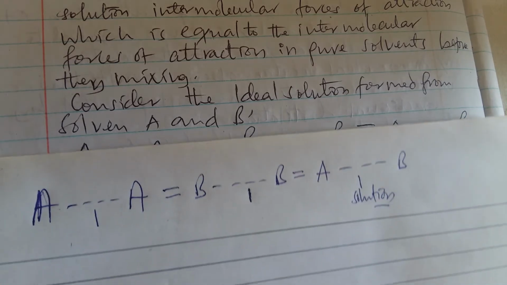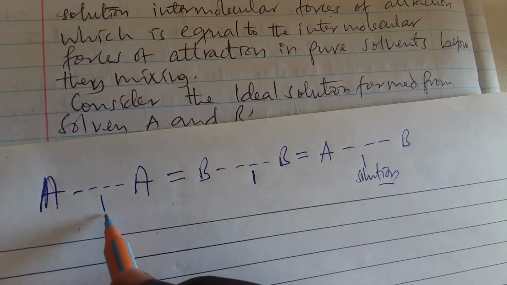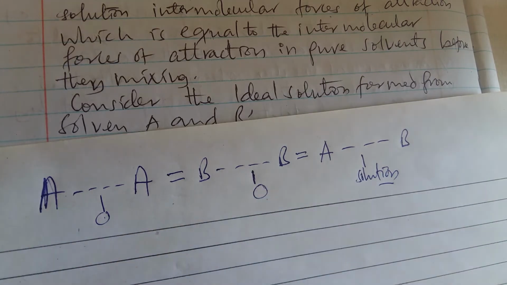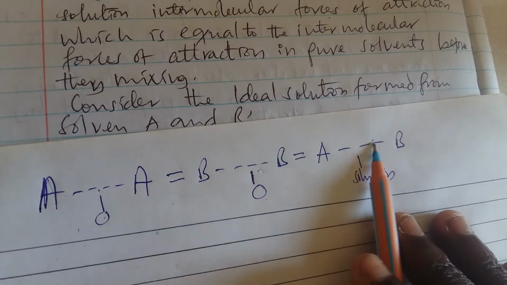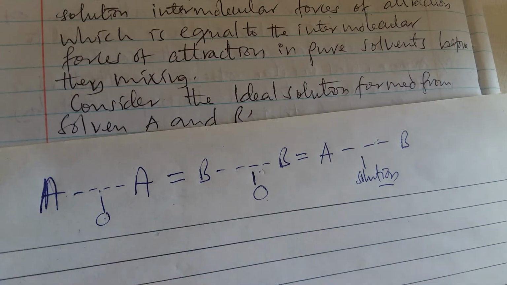So the bond in solution imekuwa equal kwa sababu gani? The bond between A is equal to the bond between B. If this bond is equal to this, that means if we mix them, then bond ya kule mwishoni itakuwa nayo ni equal.